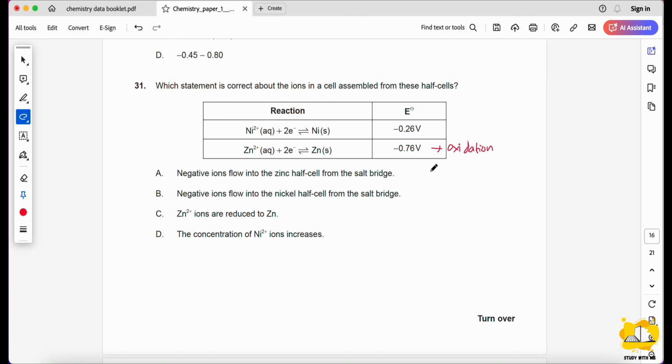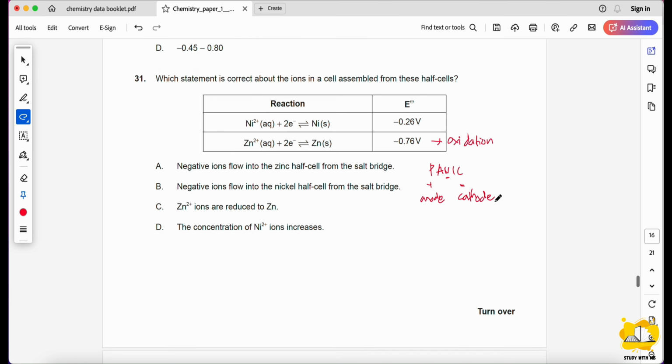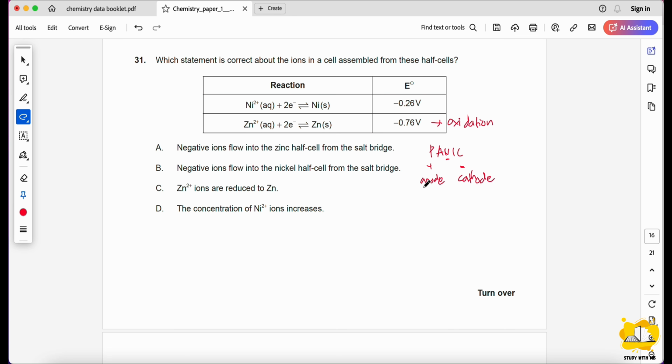Okay, I have this mnemonic: anode is an ox and cathode is red cat. So the anode will experience oxidation, and the cathode will experience reduction.